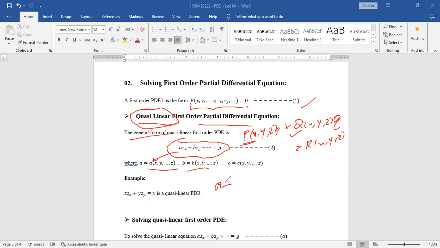Plus into zx, so here p. Similarly, B is also a function, maybe Q, okay? Zy. Each book is taking different variables, no? That's fine. Maybe something like this, which is equal to G, we call it the quasi-linear kind of general form.